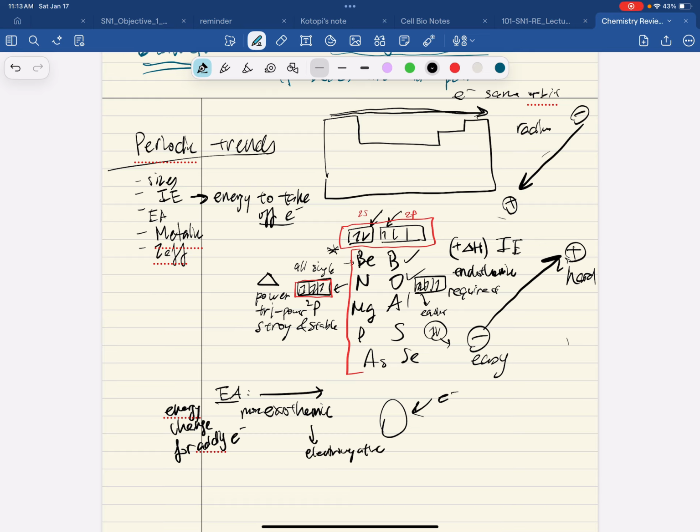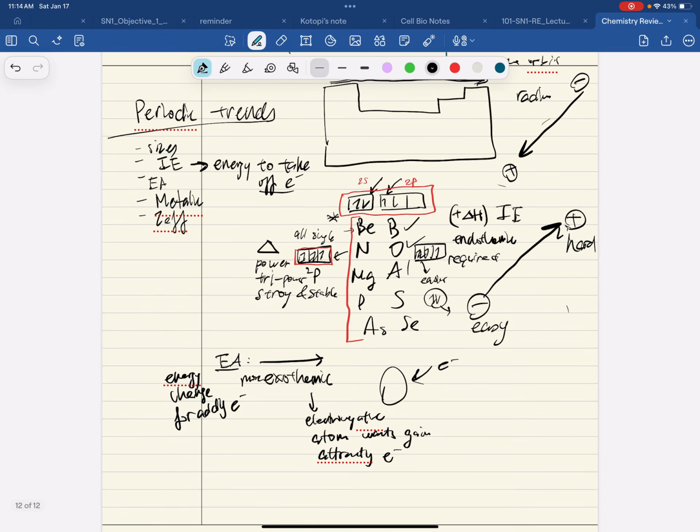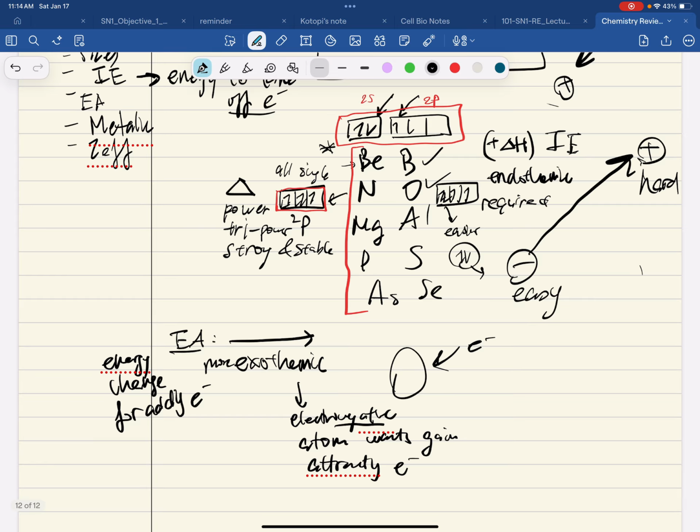Electronegative means that an atom wants to gain that electron, so it is more aggressive in attracting a negative electron than, let's say, a calcium. Calcium will more want to get rid of two of its valence electrons, whereas chlorine, for example, is just missing one electron, so it is really high in electronegativity.